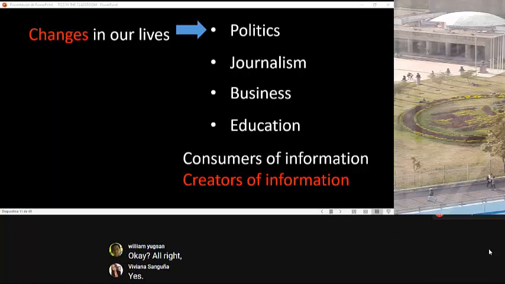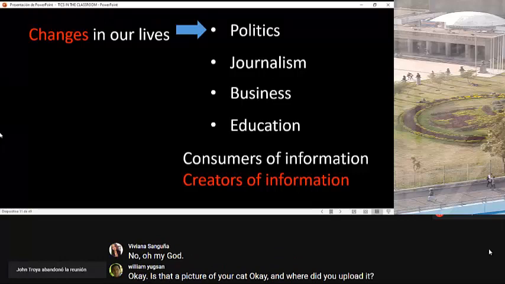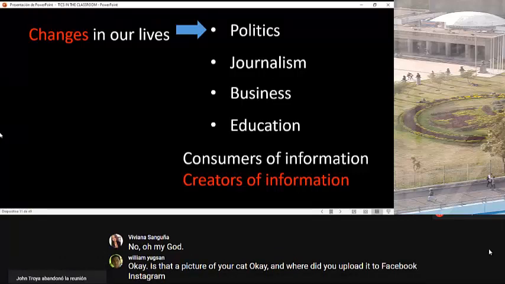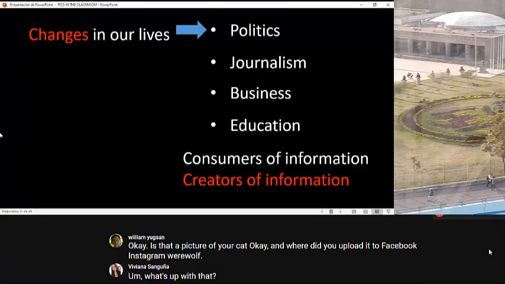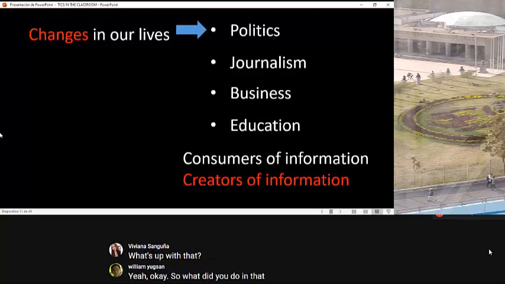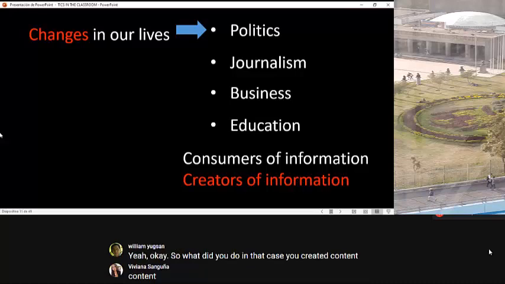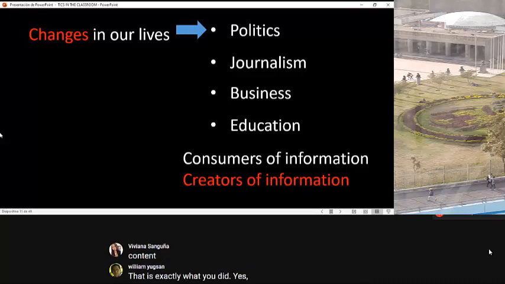Are you on the picture or not? No, it's just my cat. Just a picture of your cat. Okay, and where did you upload it? Facebook, Instagram, where? On WhatsApp status. Okay. So what did you do in that case? You created content. That is exactly what you did. Yes, everybody's doing that. Thank you.